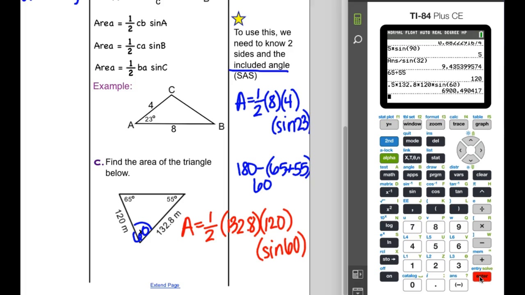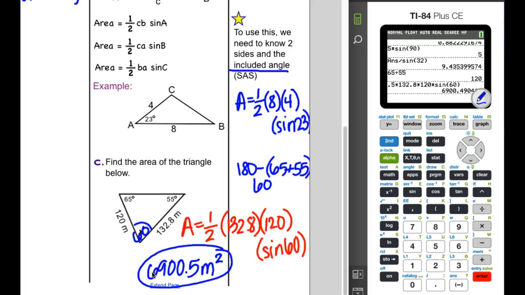And we get an area, yes, these should be bigger, of 6,900.5 meters squared.